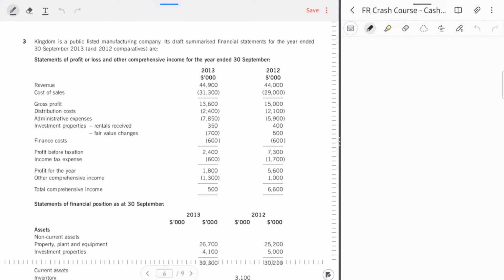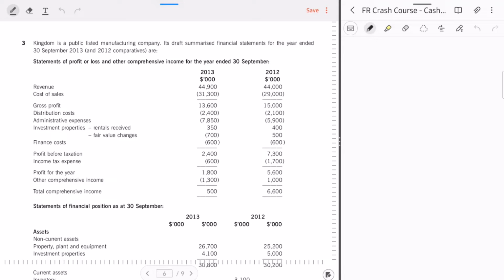It's called Kingdom, and it's a public listed manufacturing company. Its draft summarized financial statements for the year ended 30th September 2013, and its 2012 comparatives are given, so they gave us a number of financial statements to prepare the cash flow statement.